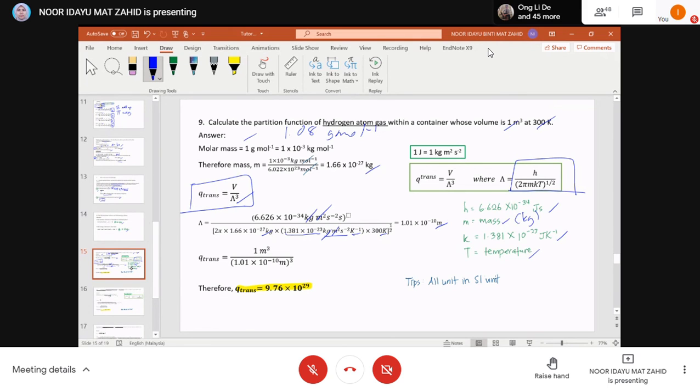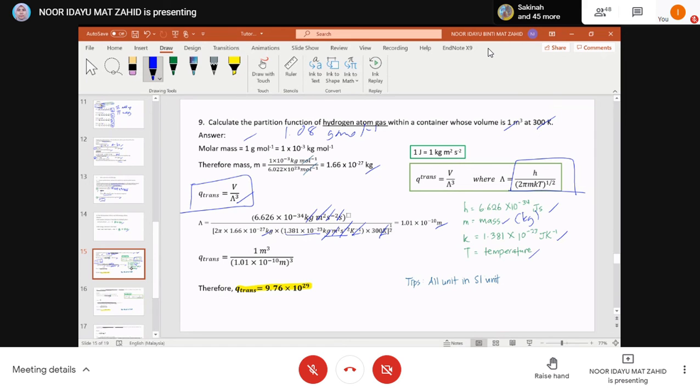And then Kelvin, per Kelvin, multiply with Kelvin, you obtain 1. S negative 2 multiply with S, so S negative 2 to the power of half, you obtain S negative 1. So you can cancel off with these two. Okay, so you should be able to obtain lambda in the unit of meter here, and the magnitude.